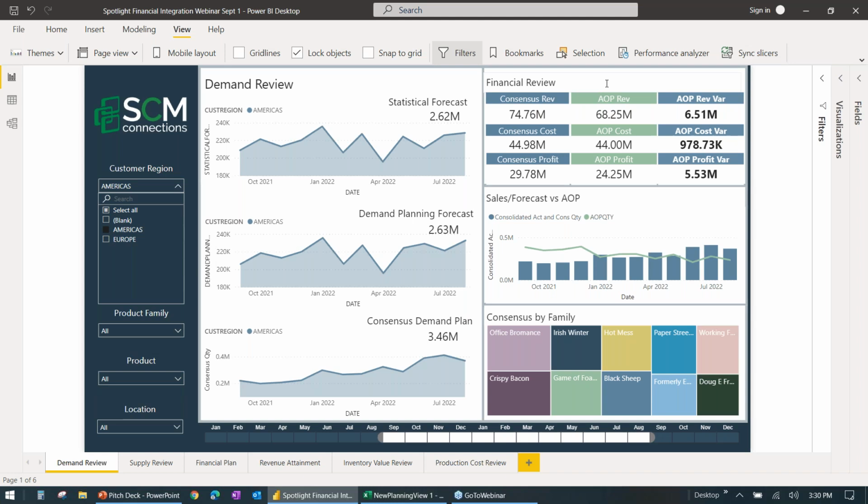I'm higher on revenue, and I'm also higher on profitability. But my cost is not that much higher relative to my profitability. What that tells me is I probably have a more profitable product mix coming through than I'm planning for going forward. I can do the same thing and move on to Europe.